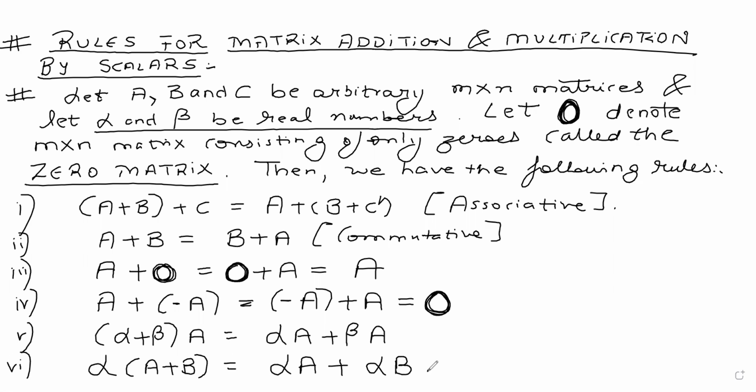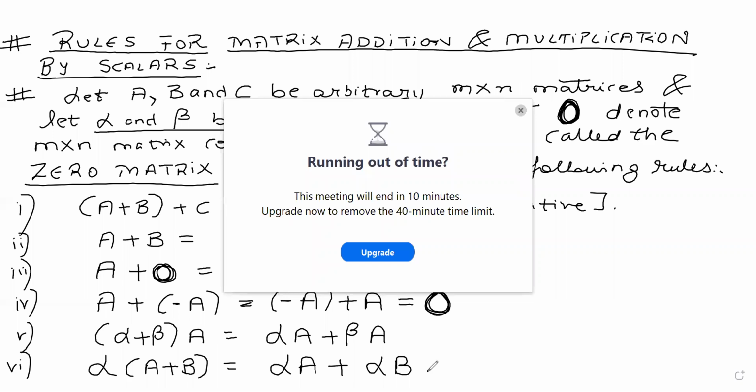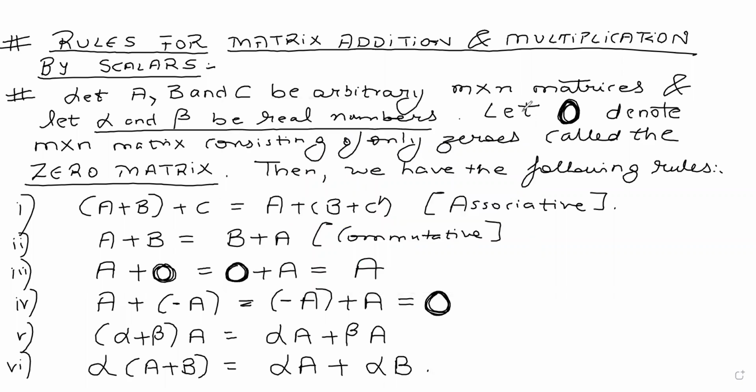So these are the 6 rules on your screens, which specify the rules for matrix addition and multiplication by scalar. Matrix addition is associative, it is commutative. 0 is the additive identity for matrix addition. Minus A is the additive inverse for matrix addition.